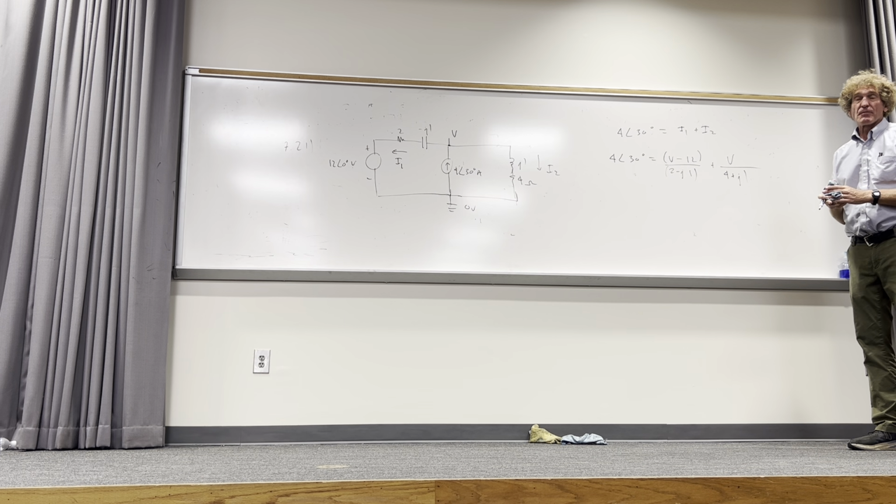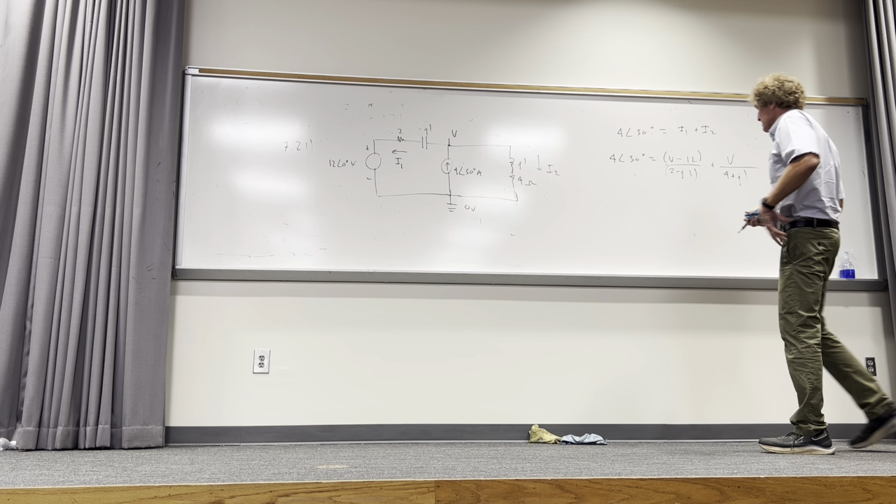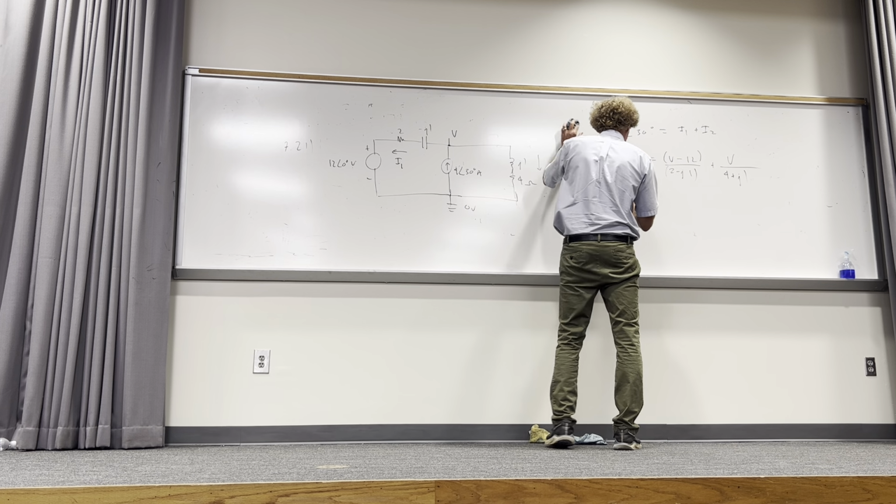Now here's the thing. From here on out, it's up to you how you want to do it. When I look at this, I'll go ahead and just expand it. I'll show you what I'm thinking.